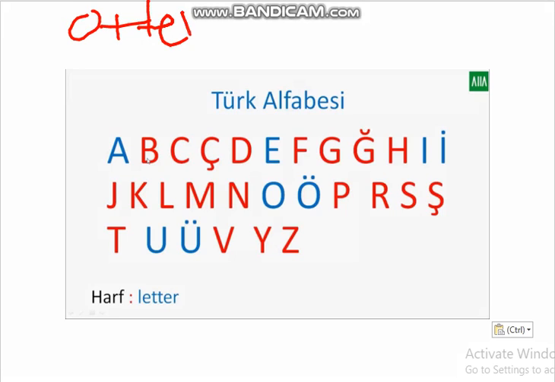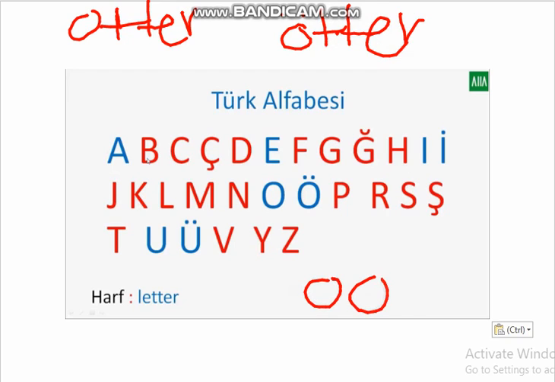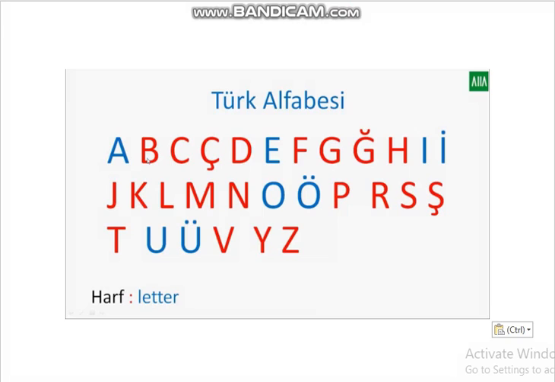We make it really short. But if you put 2 dots on the Turkish letter and pronounce it, it becomes otar, otar, otar. So we have to pronounce it as long as 3 O's. Get it? Now, moving on to the P, the R, the S, they have the same pronunciation as in English.